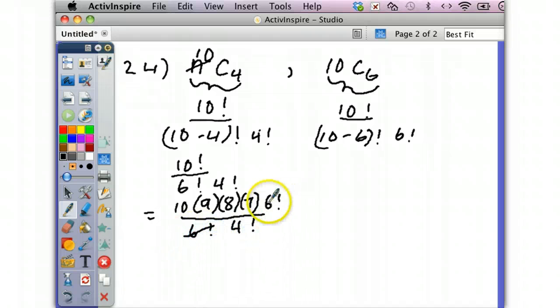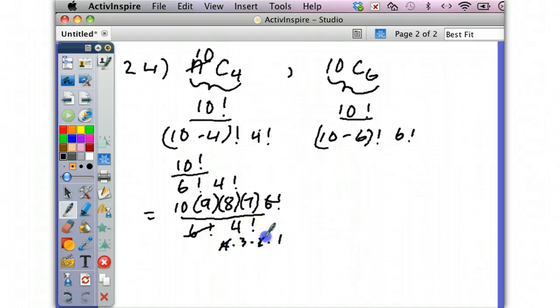This 6 factorial cancels because it's 6 times 5 times 4, and the 4 factorial we can expand as 4 times 3 times 2 times 1. If you don't have a calculator, you can still do it.